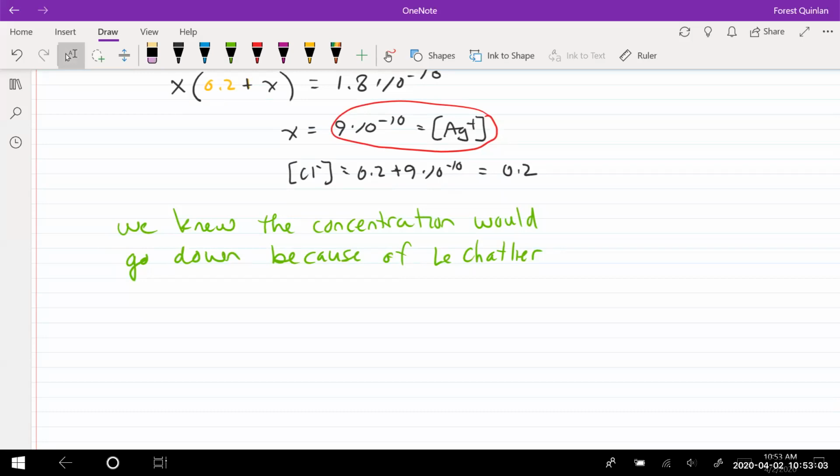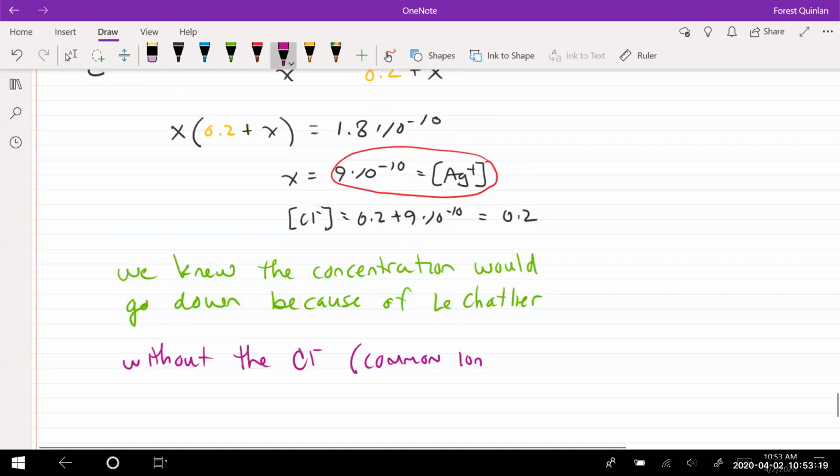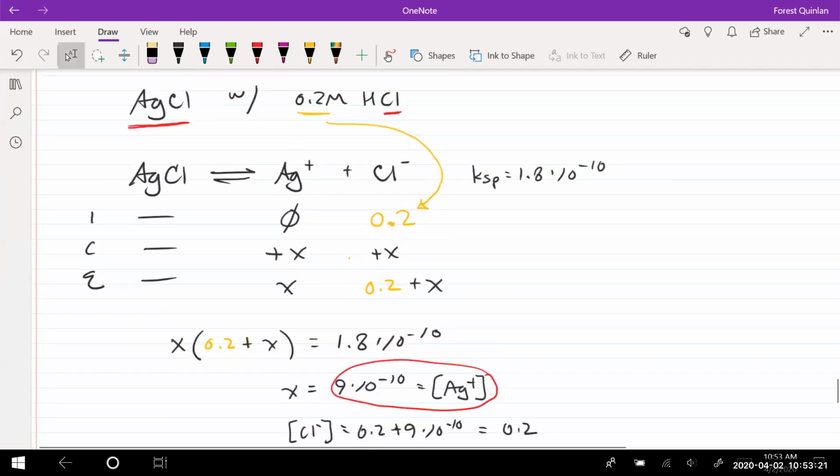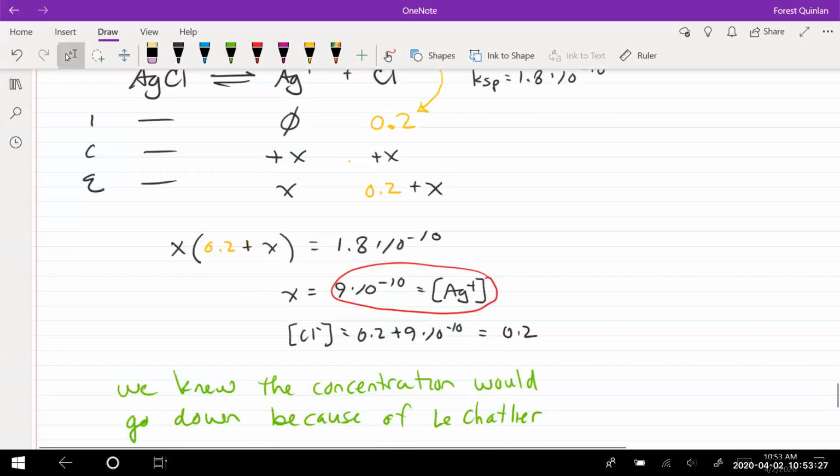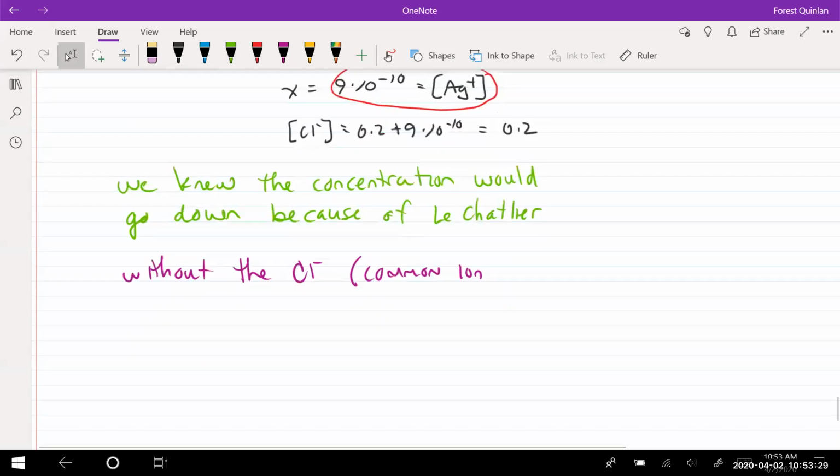And if you note, without the common ion effect, without the Cl minus, the common ion. So between the two of these, the Ag going to be Ag plus and Cl minus, the HCl has the same sort of thing since they both have that chlorine in common. We call that the common ion.